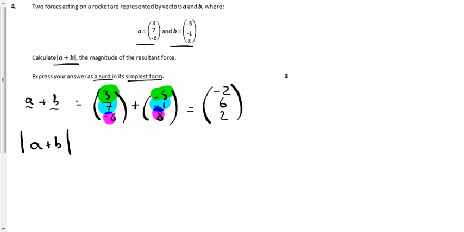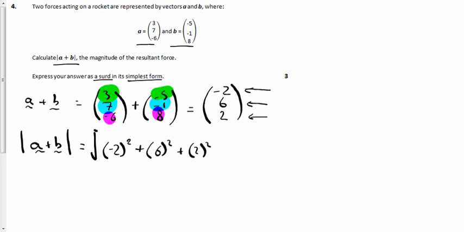Find the magnitude of the resultant vector. We're essentially just applying Pythagoras. So I need to take the first component and square it, add the second component squared, and add the third component squared.